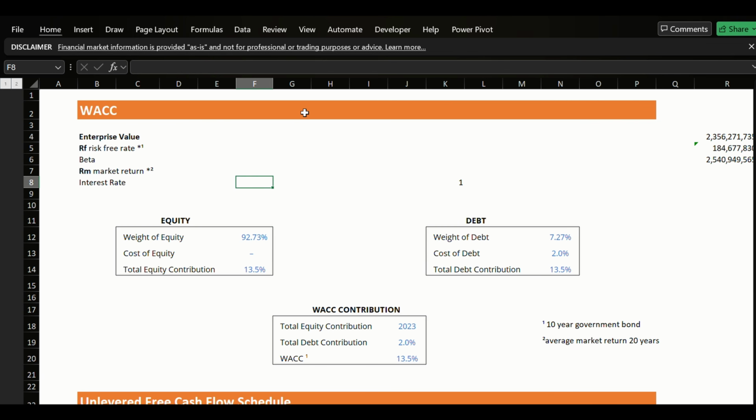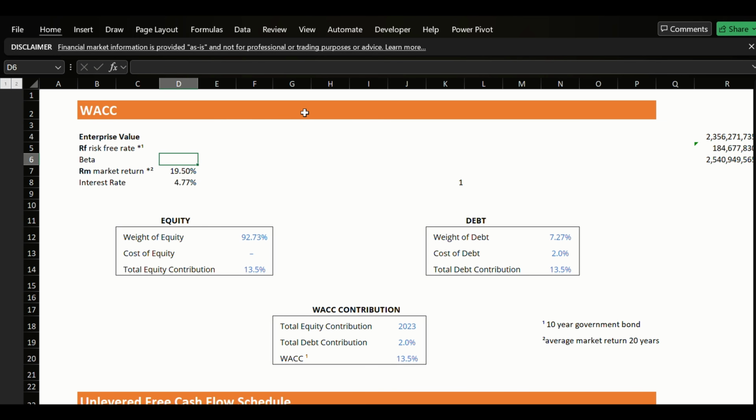So we go. Time to input the return. Sorry, the interest rate on the subordinated debt is 4.7. The return on the market, this year's input, has been 19.5% over the last years.